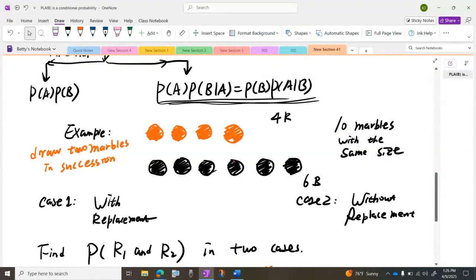3 of them are red, 6 of them are black. You see what happened? Suppose the first time you get a black marble, then you throw it away. Then right before you draw the second marble, you have 9 marbles left in the bag. 4 of them are red, 5 of them are black. What do you think? Would the first draw in any way affect the chance of getting a red color the second time?